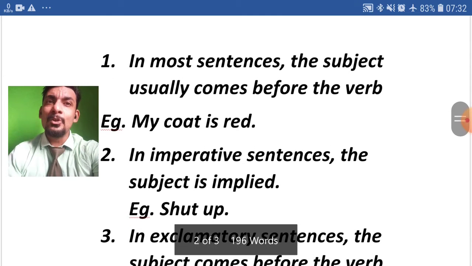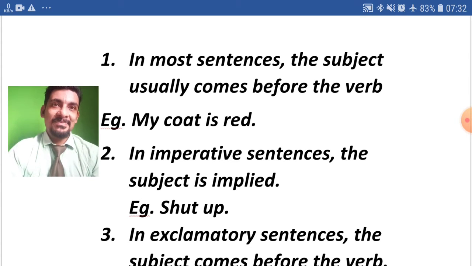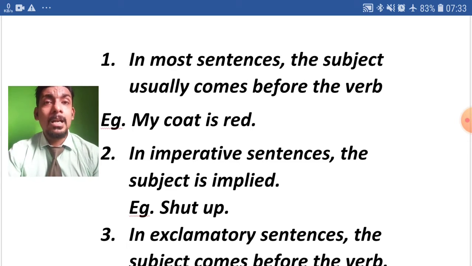Look at the first rule, my dear students, where I have written, in most sentences, the subject usually comes before the verb. In most sentences means this is the general rule. And the general rule is that in most sentences, the subject comes before the verb.